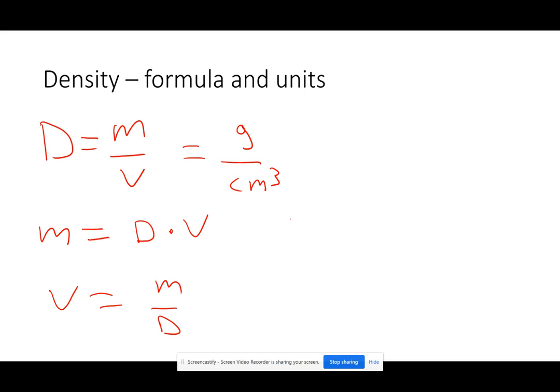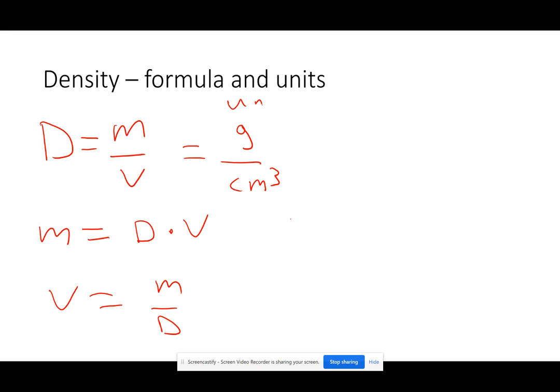Now, the official SI unit for mass is actually kilograms. However, most often in this unit, we're going to use grams for mass, although that is not the official SI unit for mass. We're just going to use grams because it's going to make the most sense for the situations we're going to see.